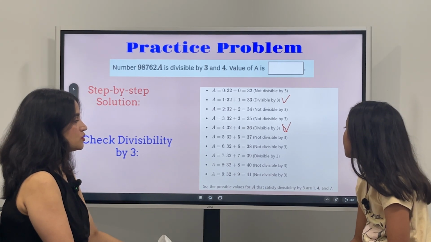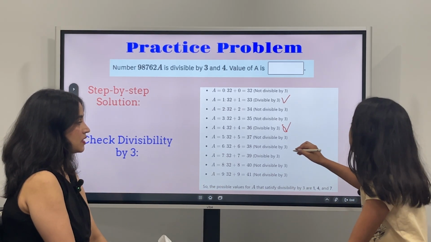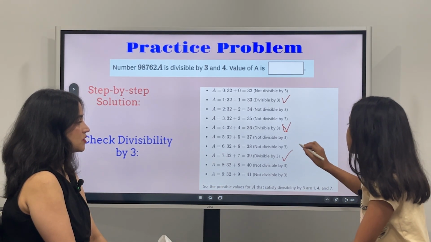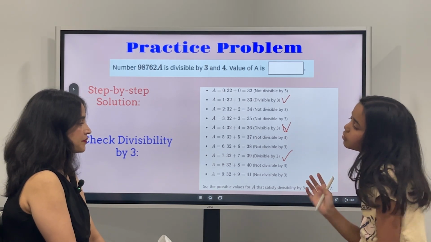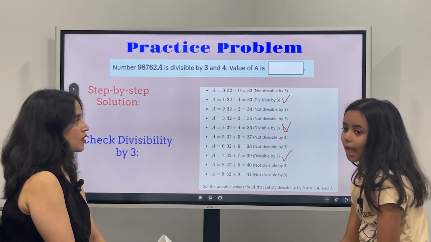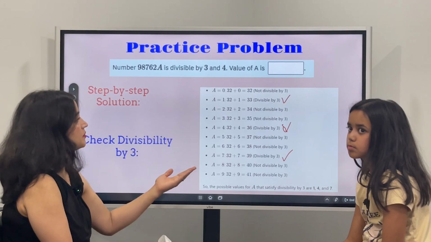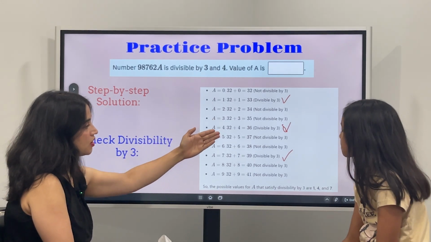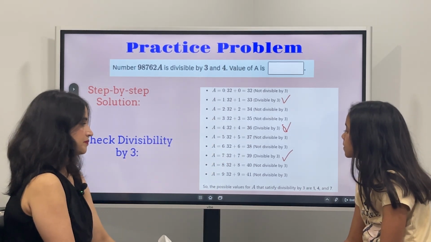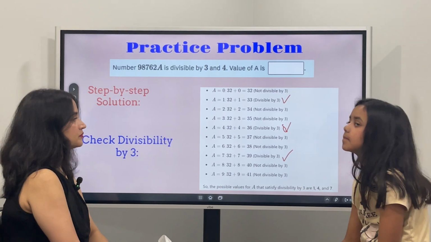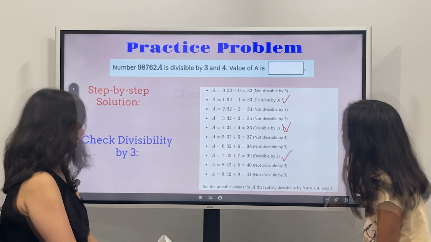No. 32 plus 7 is 39, yes. 32 plus 8? No. And 32 plus 9? No. So A can be either 1, 4 or 7.